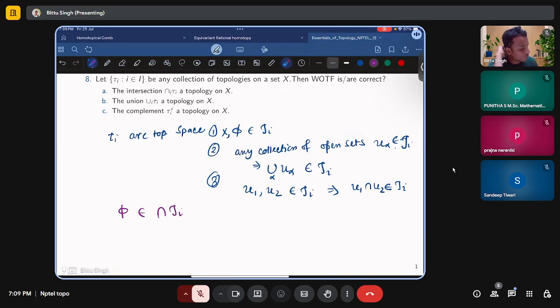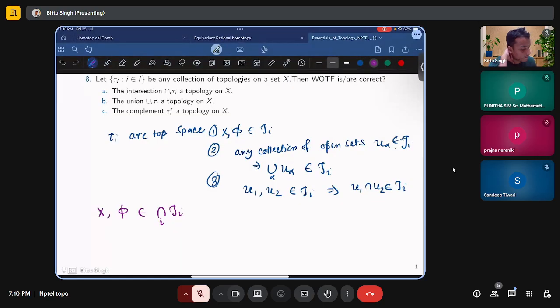Because the empty set belongs to all those tau I's. If something belongs to all those things, then it also belongs to their intersection. So this is true. Similarly, X belongs to the intersection of tau I. So the first property is certainly true.